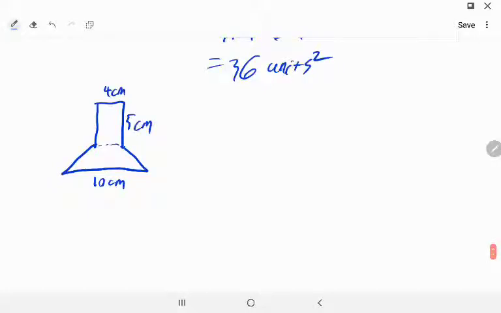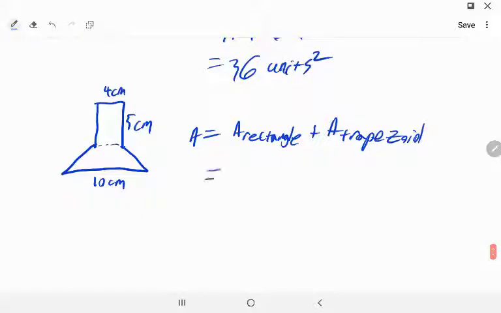We know that its area is going to be the area of that rectangle plus the area of the trapezoid, equals 4 centimeters times 5 centimeters. Whoops, we also need the height of the trapezoid. The height of the trapezoid, we'll make it 3 centimeters.